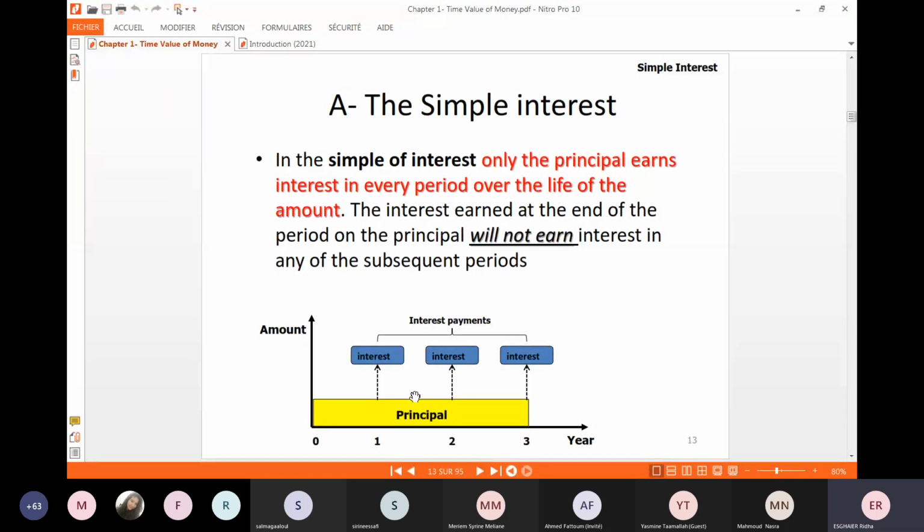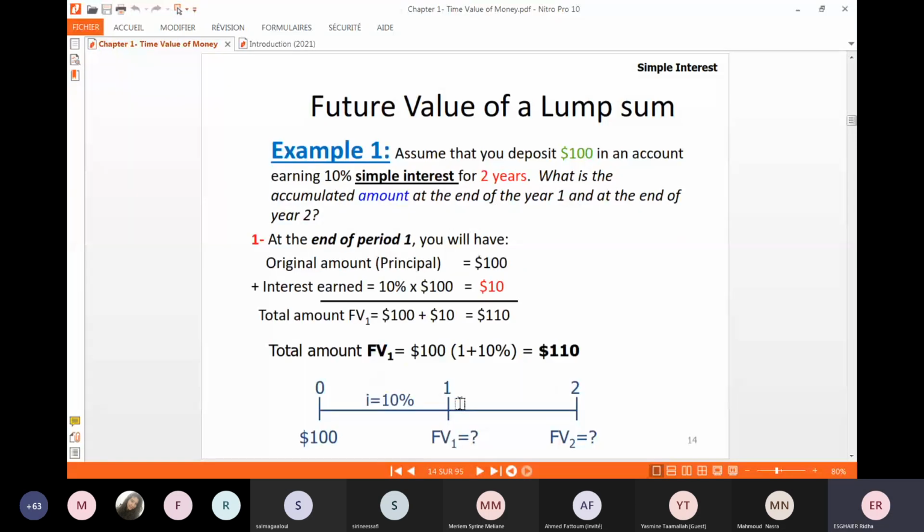So, for example, if you earn interest during the first year, this interest will not generate another interest. No, the interest of the second period will be computed on the original amount only. For example, assume that you deposit $100 in an account that earns 10% simple interest for 2 years.